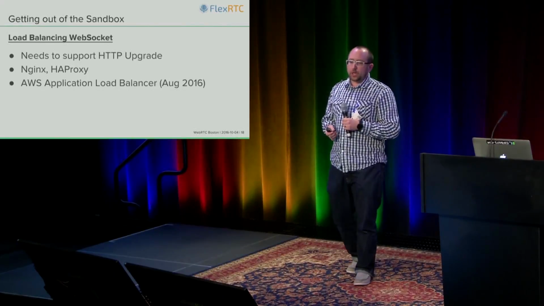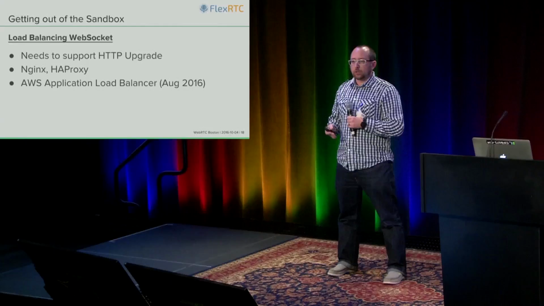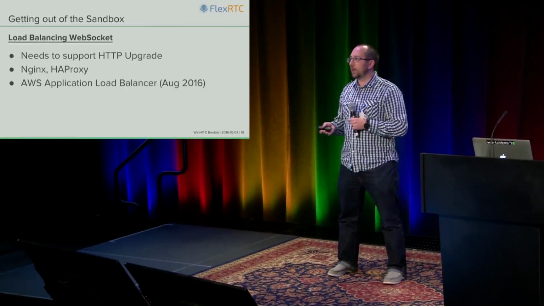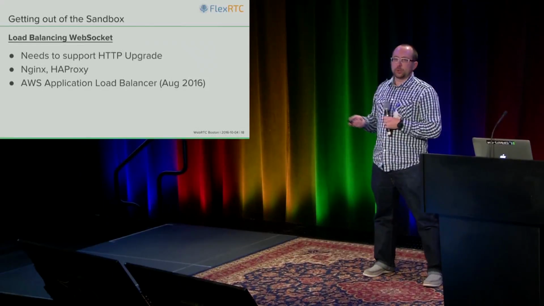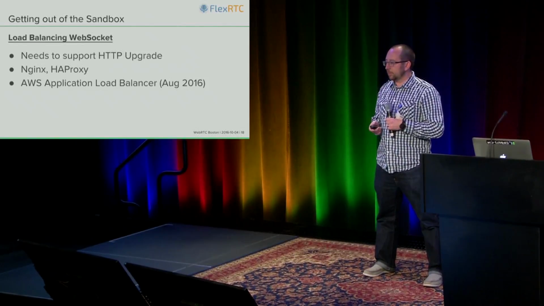In terms of using AWS load balancers, up until recently, the AWS Elastic Load Balancer didn't support WebSockets. So if you wanted to do WebSockets in Amazon, you'd have to run your own server for that. But in August of this year, Amazon announced application layer load balancing so that you can configure an Elastic Load Balancer to support this application layer load balancing and enable its support for WebSockets. So you wouldn't need to run your own server if you're running something in Amazon.